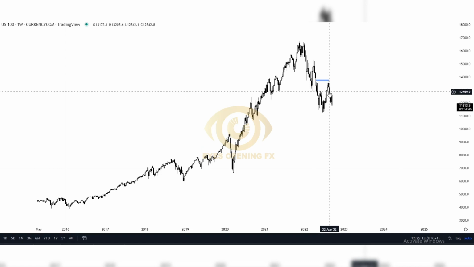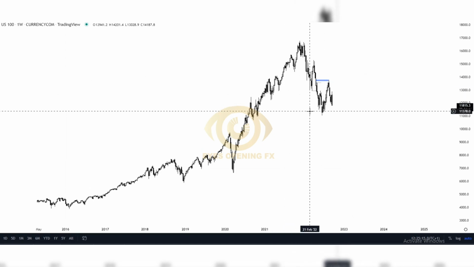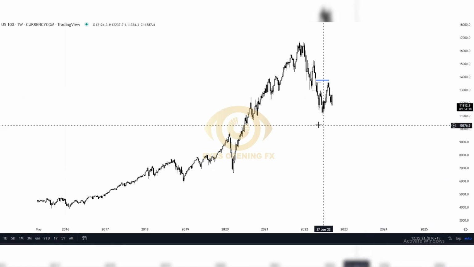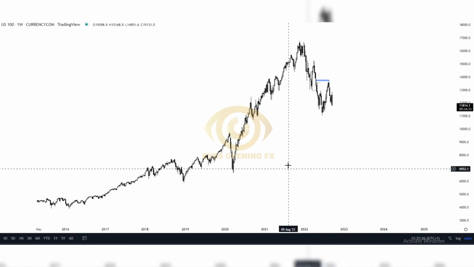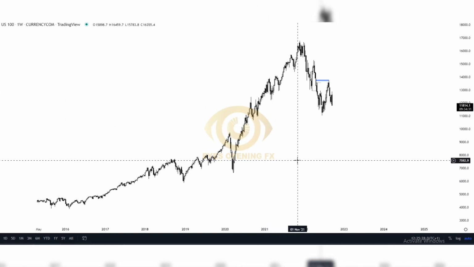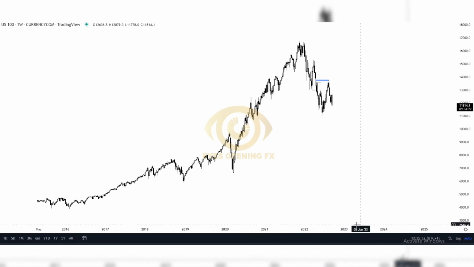All right, so now looking at what you have here on this weekly time frame, neglecting our monthly time frame. Monthly at the moment is bearish and weekly is also bearish. This shows the idea of order flow.